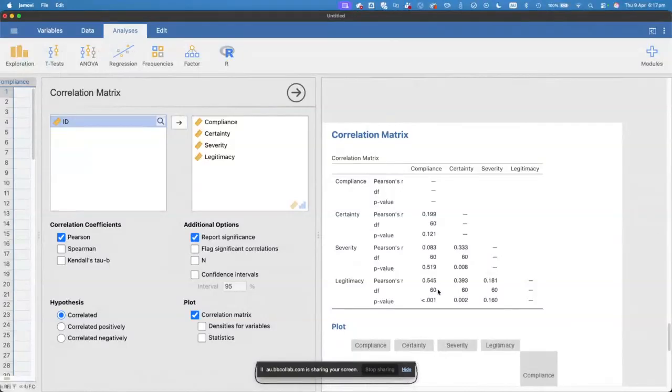What do you see here? Any thoughts? How would you interpret this correlation matrix?